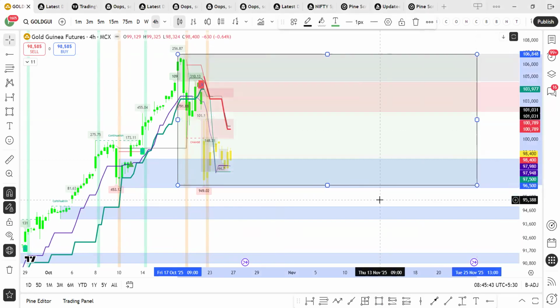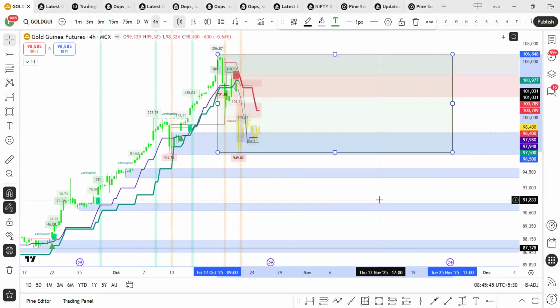It's likely to consolidate for some time. How much time? I don't know. After that, what will happen? I don't know. So right now, this is a phase where new entry is not advisable. If anyone has bought, then partial exit or complete exit can be done.